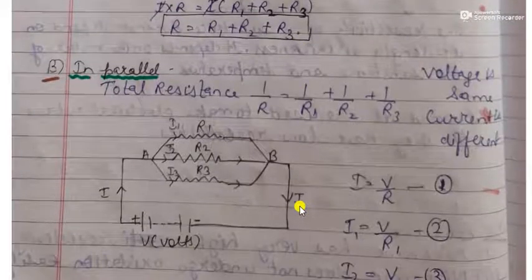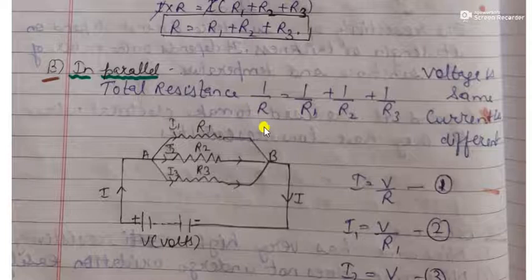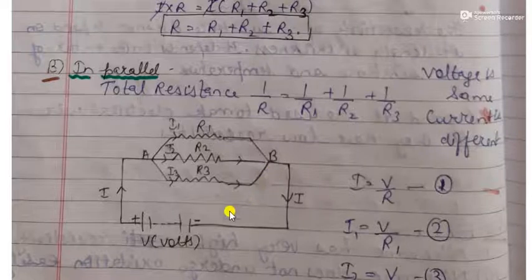Okay. Now in parallel connection, voltage is the same, but the current is different. So the total resistance would be obtained by again putting the values in the formula obtained from Ohm's law, I = V/R.